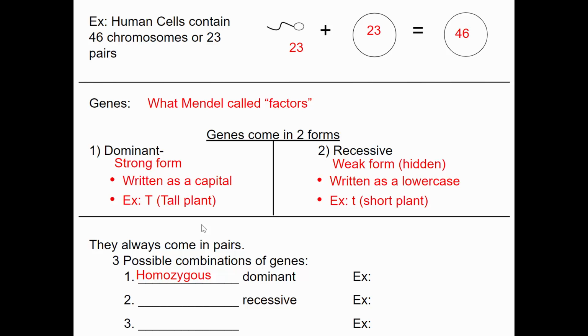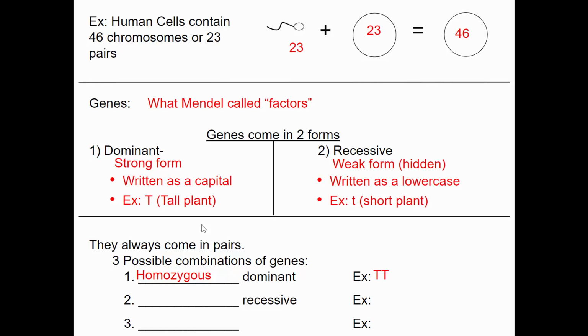Okay? So we have some words we use for them. Homozygous dominant. Homozygous means that you have two of the same genes and they're both dominant.